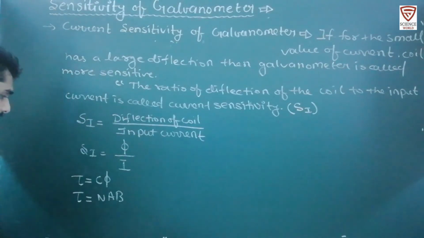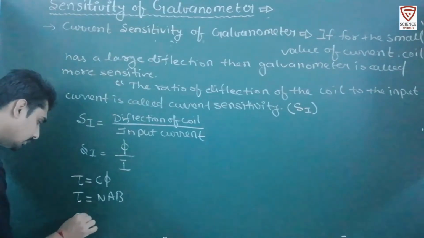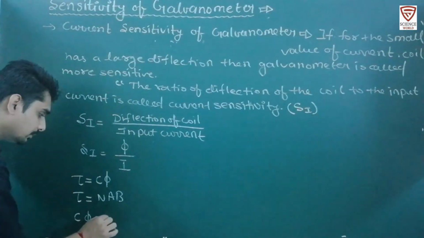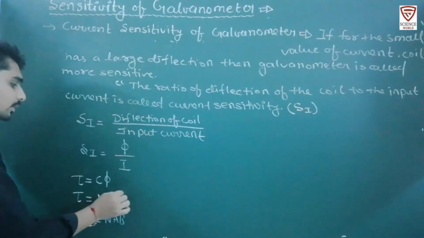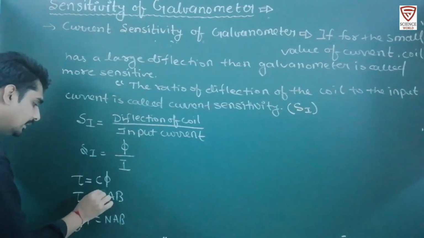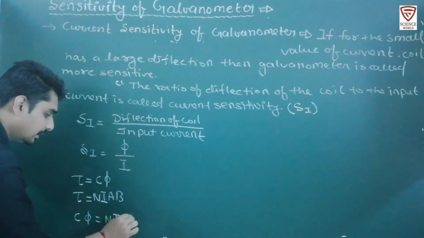So we put them equal. C phi will be equal to N I A B.